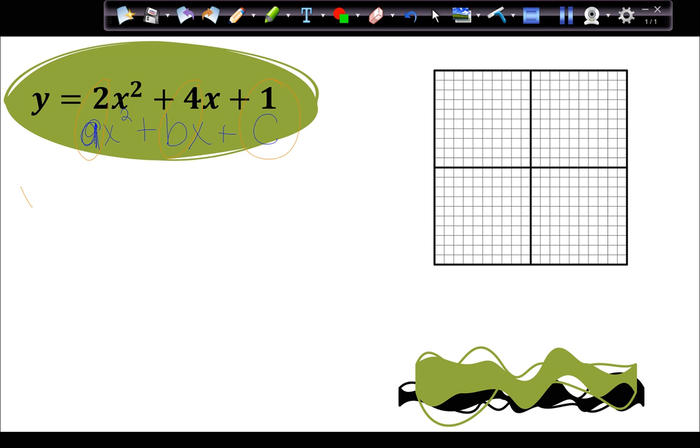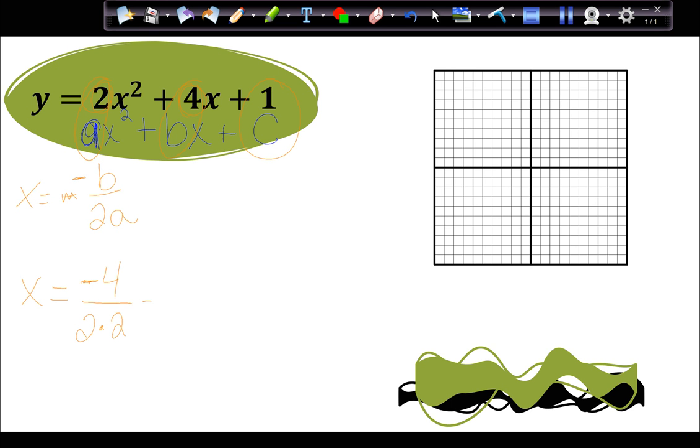Because we're doing the axis of symmetry, I just need to know b and a. So b is 4 and a is 2. I'm substituting in, and I like to put the negative with the b. So I have negative 4 over 2 times my a value, which would be 2.